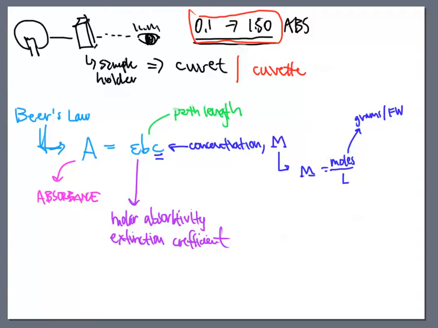The path length that's in this equation is representative of how wide the cuvette is. That's our path length. So the path length is how wide my cuvette is.